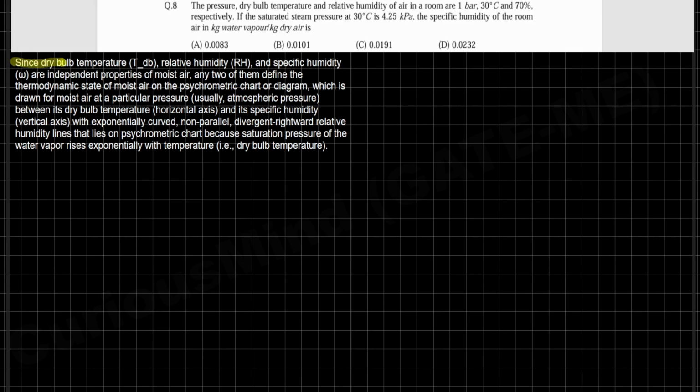Since dry bulb temperature, relative humidity, and specific humidity are independent properties of moist air, meaning variation in any one property does not cause automatic change in other properties.